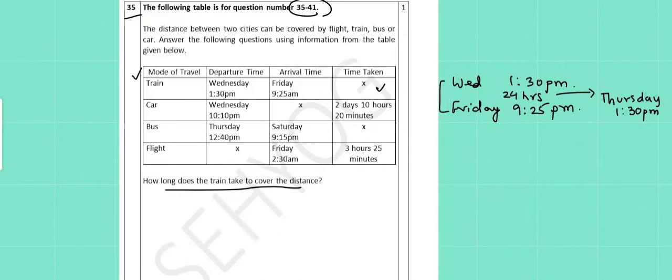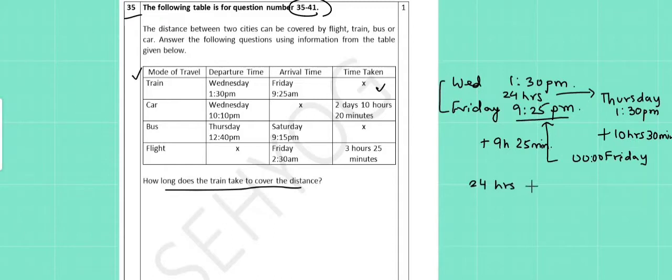Now, if we add 30 minutes, it gives us 2 o'clock and from there 10 hours more is 12 o'clock. So, Thursday will be covered. Which means we are adding 10 hours 30 minutes more and we reach Friday 12 midnight. On Friday now, we will have to reach 9:25 a.m., so that is 9 hours and 25 minutes.